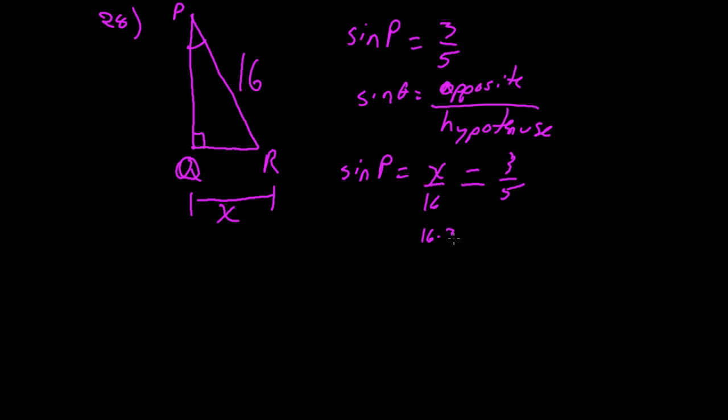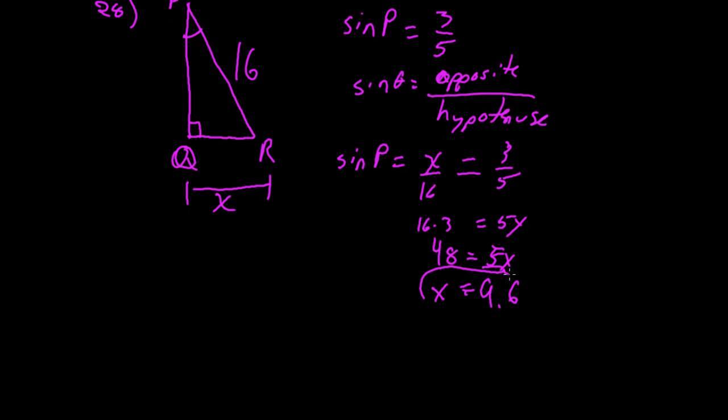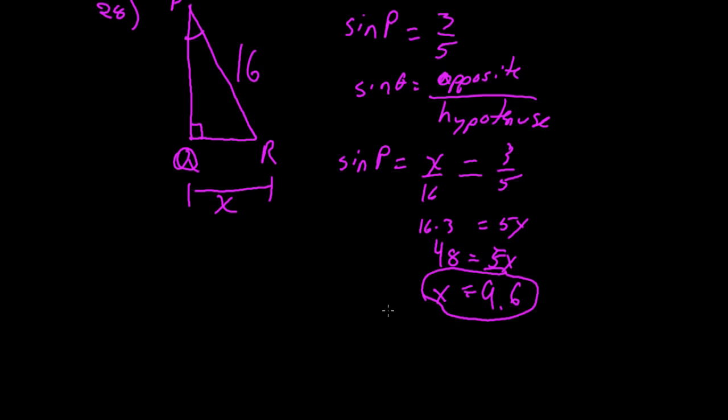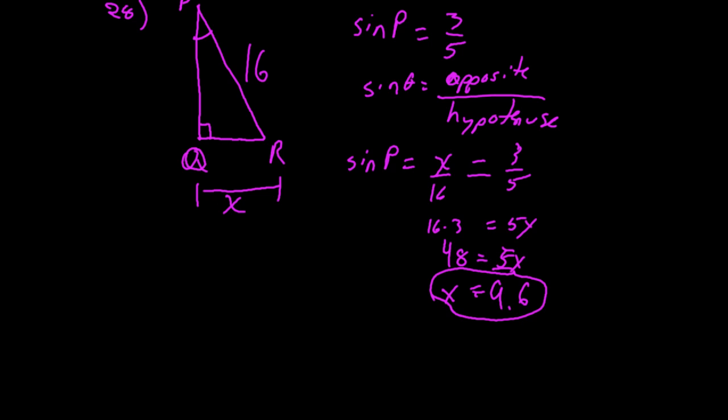We get 16 times 3 equals 5x, and 16 times 3 is 48, so 48 equals 5x, and x will be equal to 9.6. So you can see we just created this proportion here and then solved the equation. And that's the answer. x is equal to 9.6.